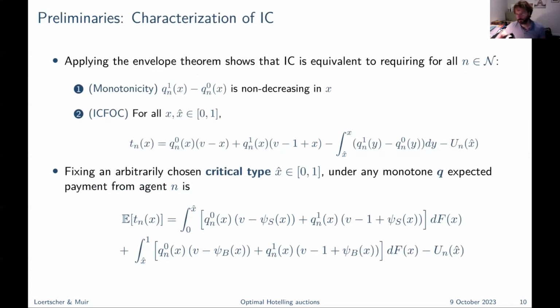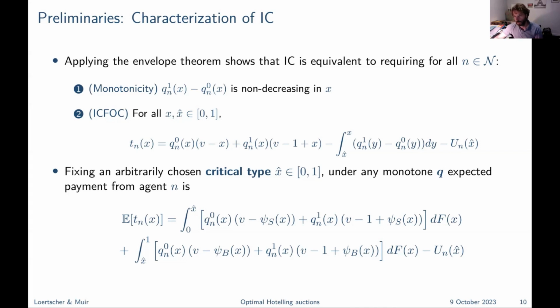Okay, so now the first thing that pops out of the analysis of incentive compatibility: what kind of restrictions does it impose? The first part is the standard monotonicity property, which is that the probability of getting good 1 minus the probability of getting good 0 must be weakly decreasing in x.